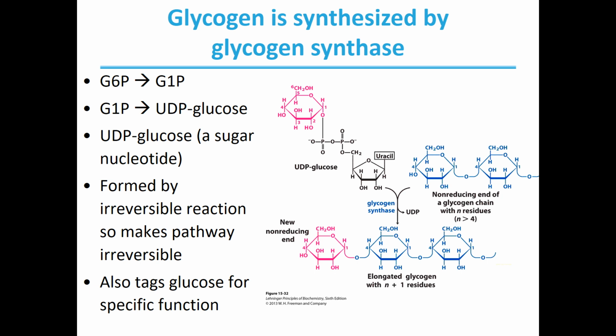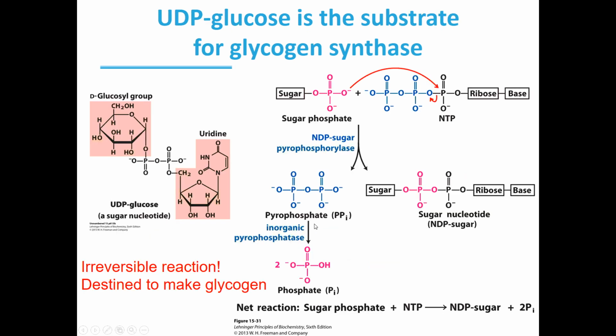Glycogen synthesis involves this important activated intermediate, UDP-glucose. So how do we get UDP-glucose? To produce UDP-glucose, we need a nucleotide triphosphate, and we're going to combine this with a phosphorylated sugar, and we end up with a sugar connected through two phosphates to a nucleoside.